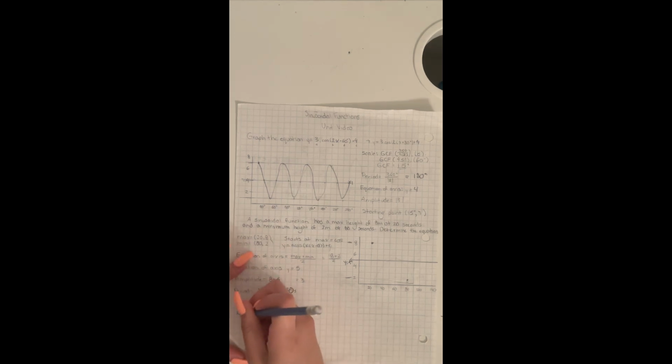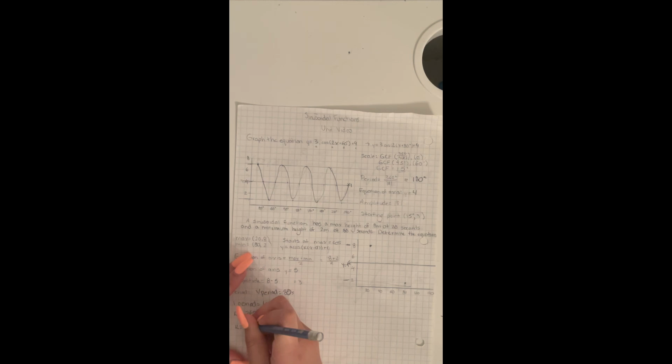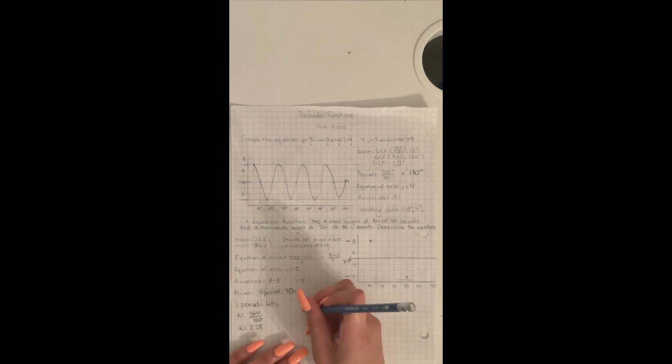So now that I know the length of one period, I can find out my k value. So the k value formula is going to be 360 divided by the period, which is 160. That means the k value is going to be 2.25. Now that I have all the numbers that I need here, I can rewrite my equation.